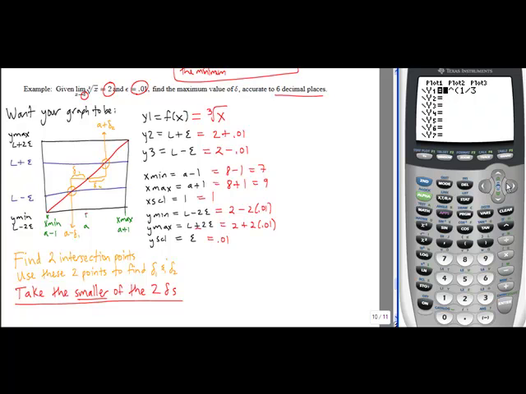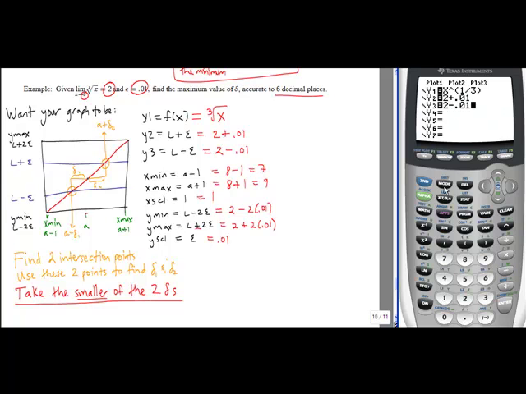Oops, let me close my parentheses on that just to be safe. In y2, we want our horizontal line 2 plus 0.01, and you could just type in 2.01 if you want. And in y3, I want my other horizontal line 2 minus 0.01.